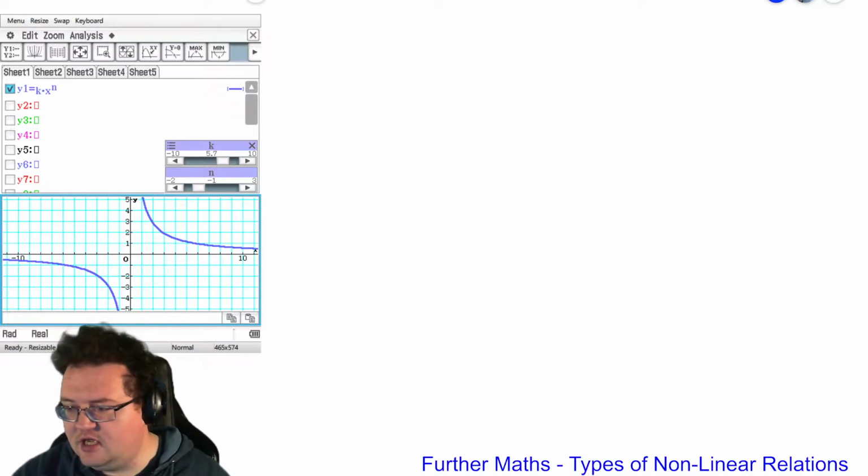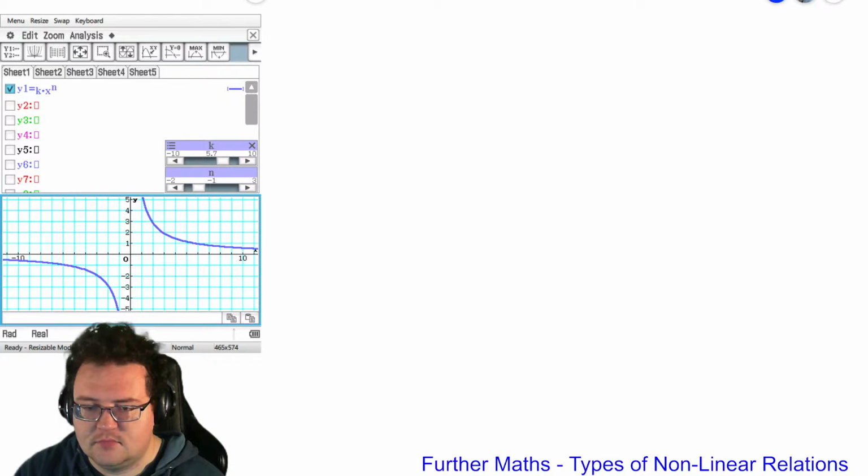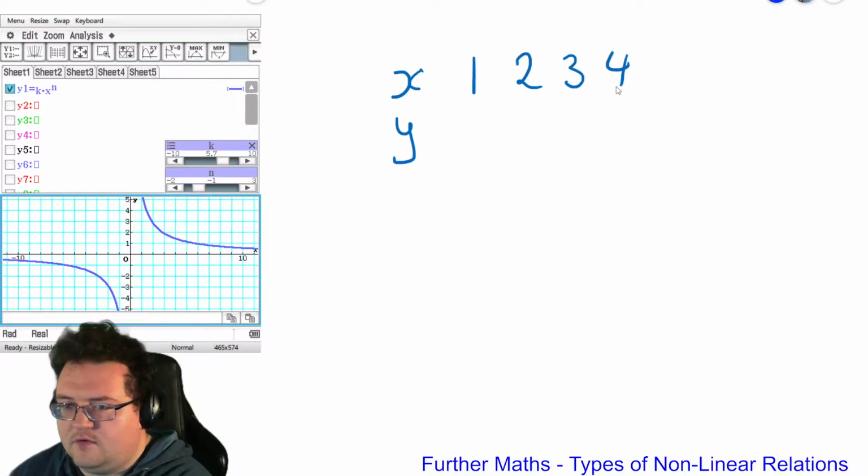So in this case here, I've got a table of data. I've got X and Y, 1, 2, 3, 4.